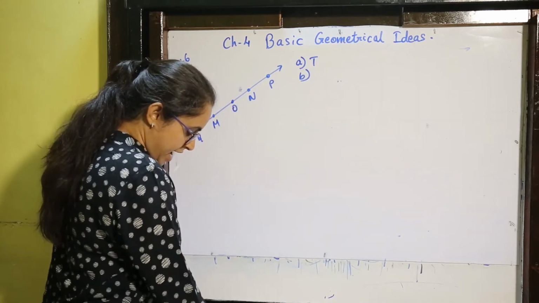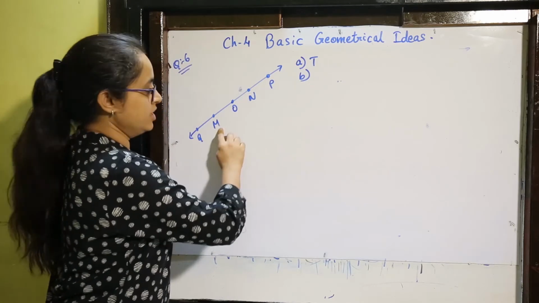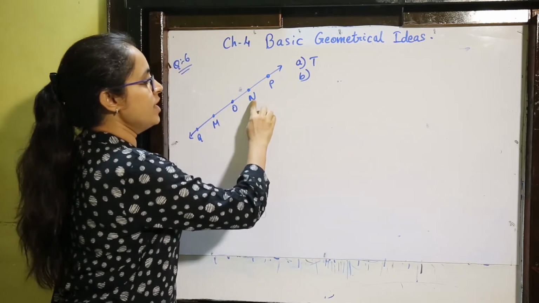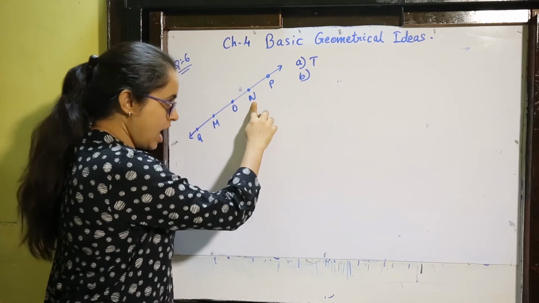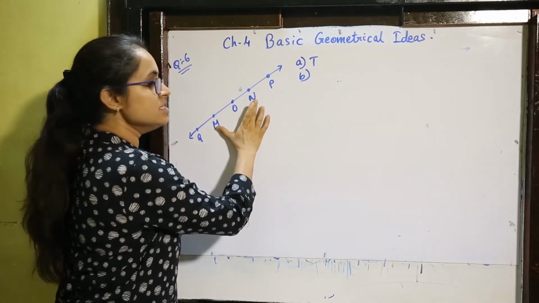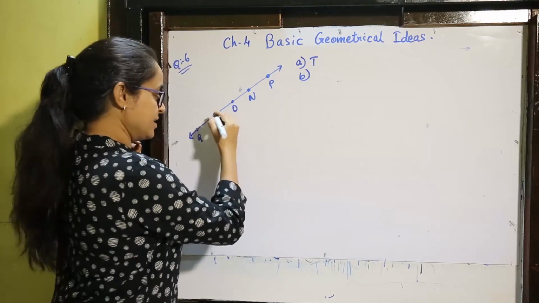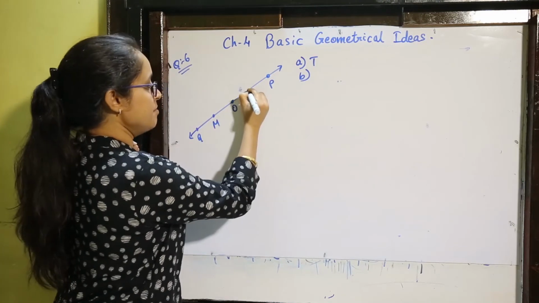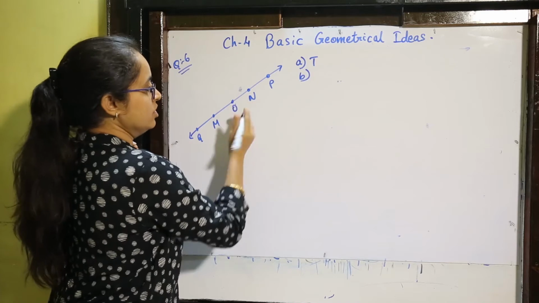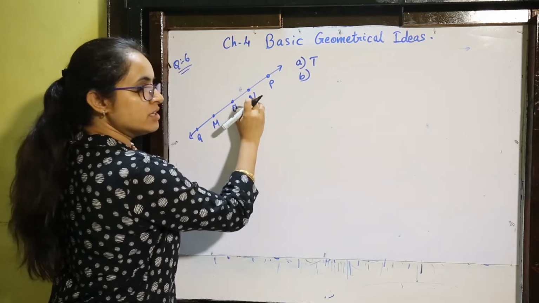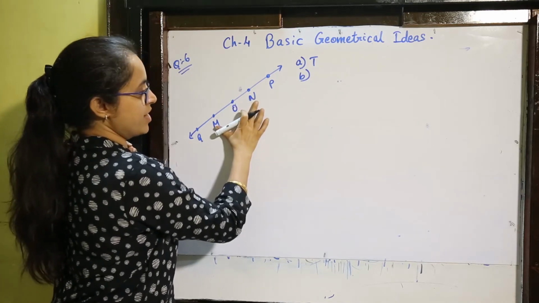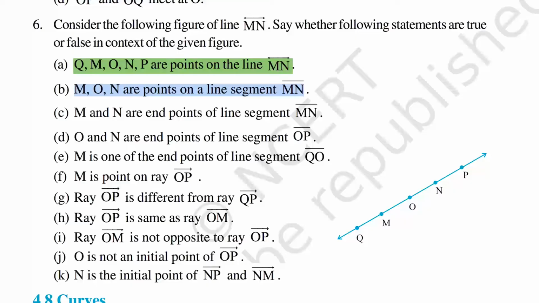Points M, O and N are on line segment MN. That is true, because O lies in the middle of line segment MN. So all three points M, O and N are within line segment MN. So that's true.